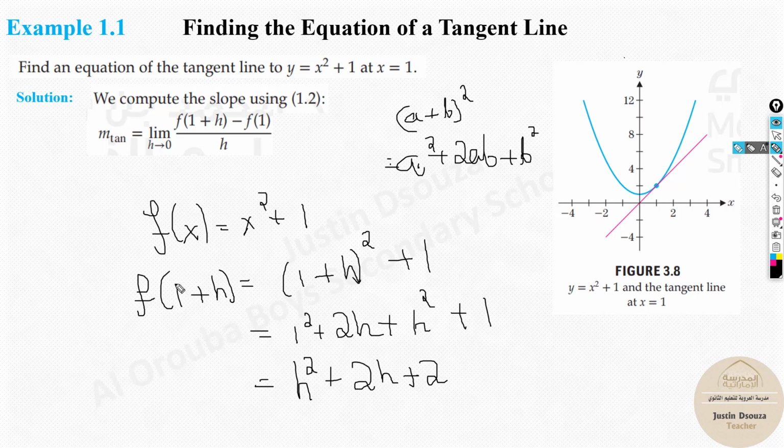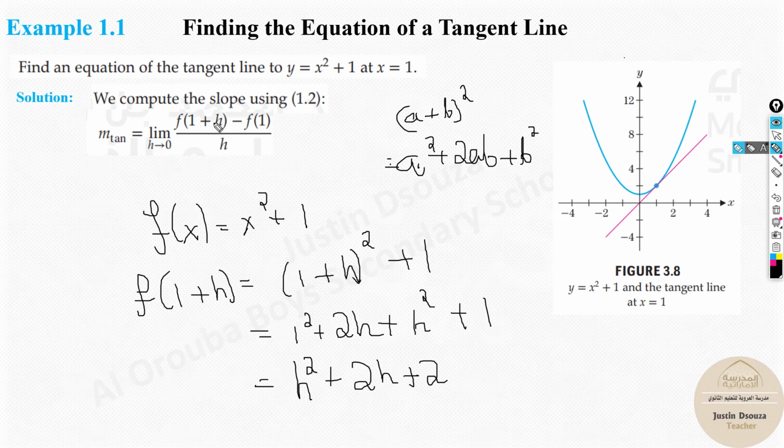Now instead of x you have 1 plus h, so substitute (1 plus h) the whole square plus 1. And now use the (a plus b) whole square formula, that is 1 square plus 2 into 1 into h, 2h, plus h square. And then we rearrange and write the highest degree first, h square plus 2h plus 2.